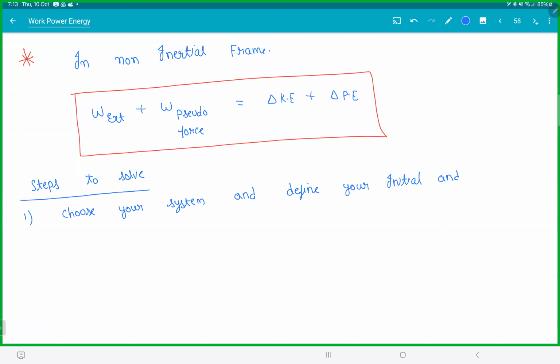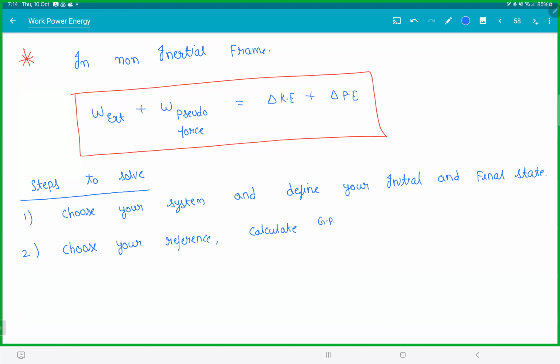So ask yourself, what is your initial situation? What is the final thing? Normally they'll ask you, velocity is given, find the maximum height, find the maximum compression. So that maximum he is asking is your final state. Second, choose your reference line.